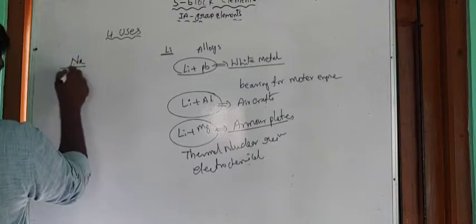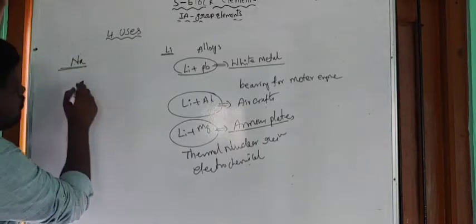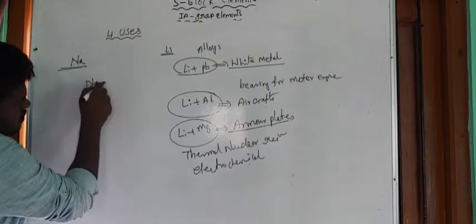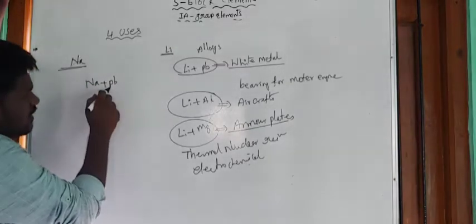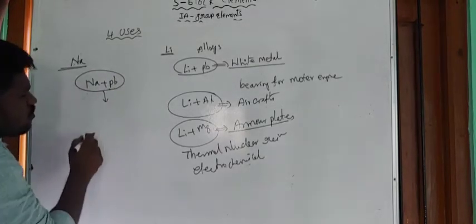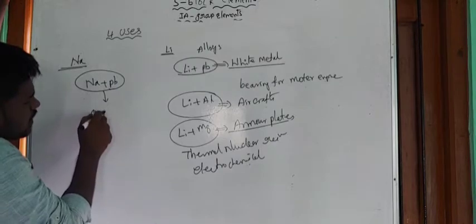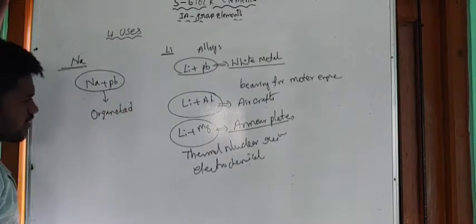sodium. Right. So, guys, this sodium is used to mix with the lead, Pb. And the lead which is mixed with sodium is used to make organolead compounds. I will give you an example.